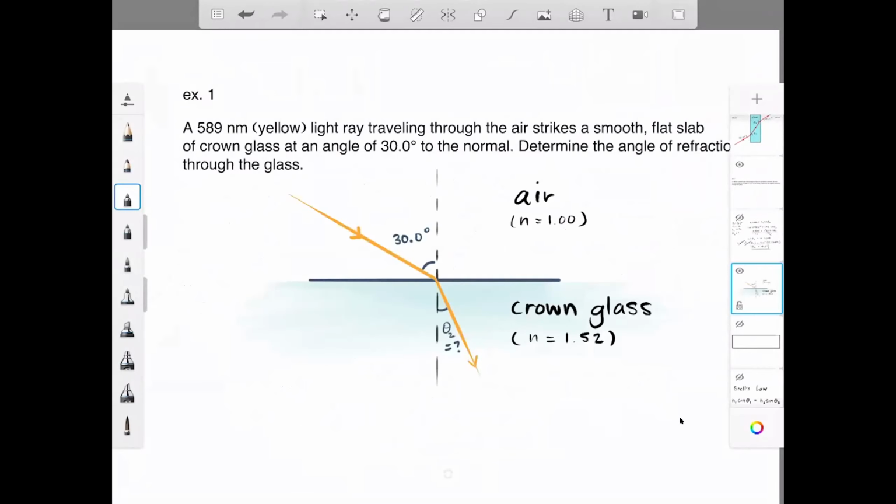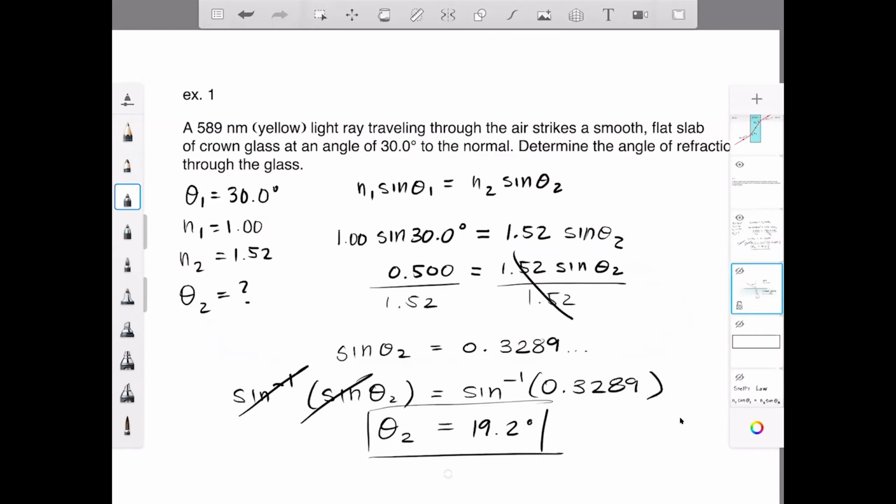So if we go back here, this angle right here will be 19.2 degrees. So again, if you are ending up with sine of theta on one side and you want to get theta, on your calculator, do sine -1. This is known as inverse sine or arc sine.